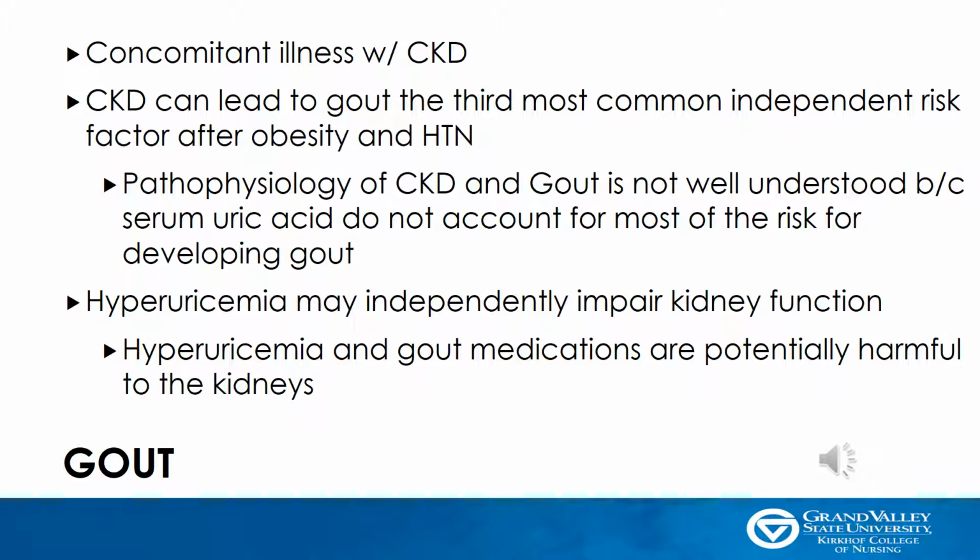That level of risk ranked third for proteinuria after obesity and hypertension. Although they can't really make a causality relationship between the two because these are observational studies, there's still some kind of association between chronic kidney disease and elevated uric acid levels.